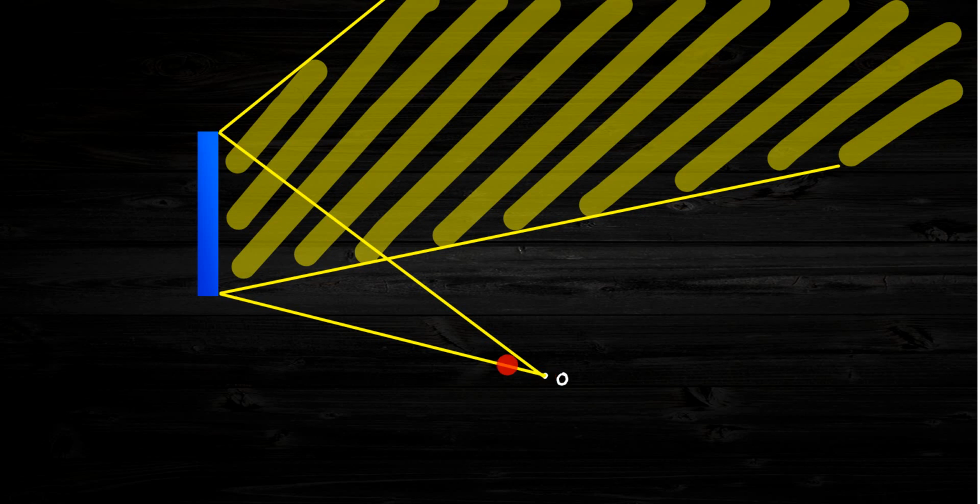So these two rays represent the two edge point rays, and the region in between represents the field of view. So all the objects that are located within this particular region can be seen by the observer.